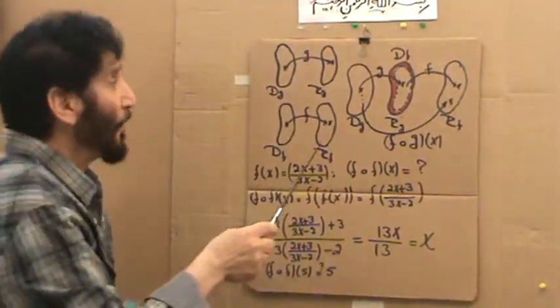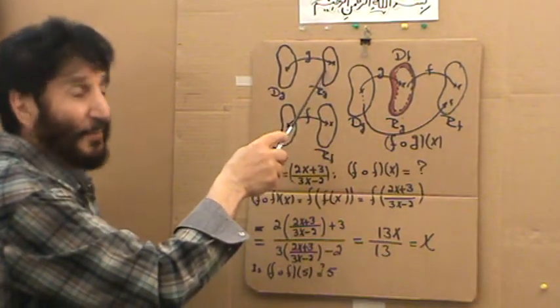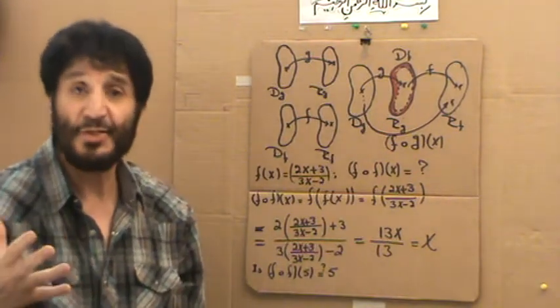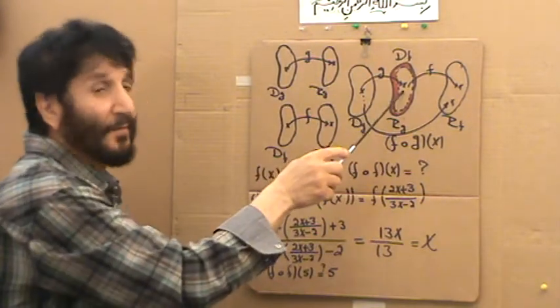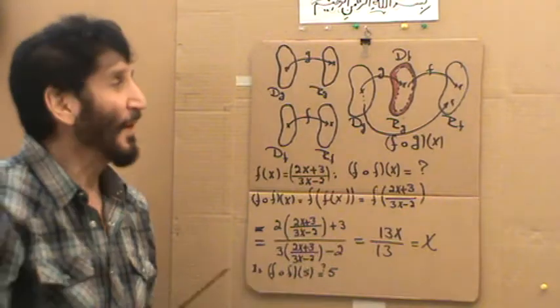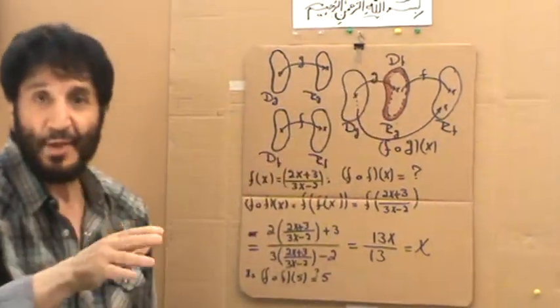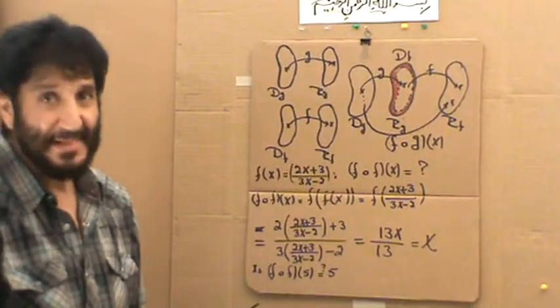Now here, suppose that the range of g is going to be an improper subset of the domain of f, then that is the best scenario. f has no problem because it covers the entire domain, nothing more, nothing less. But most of the time this is not the case.